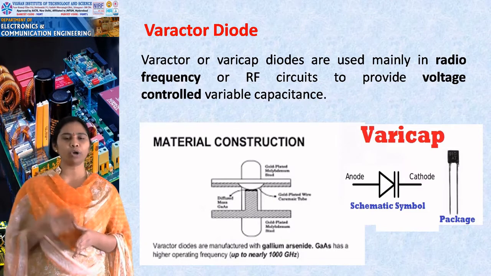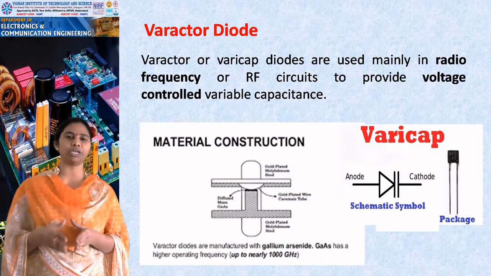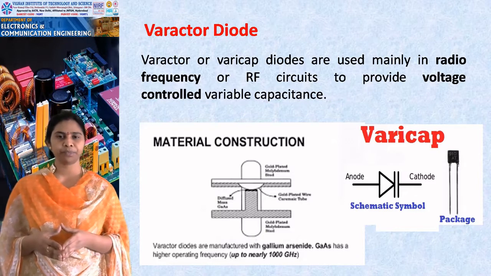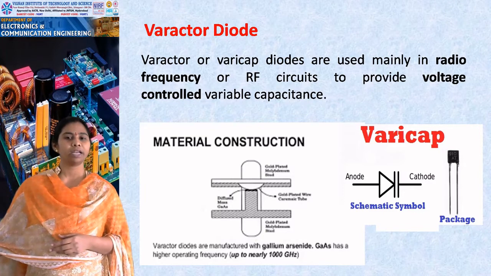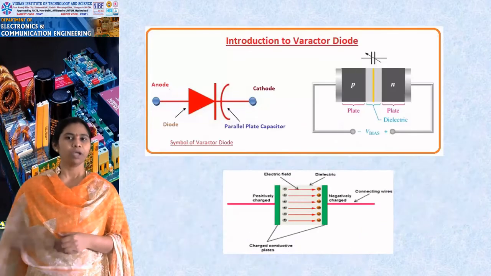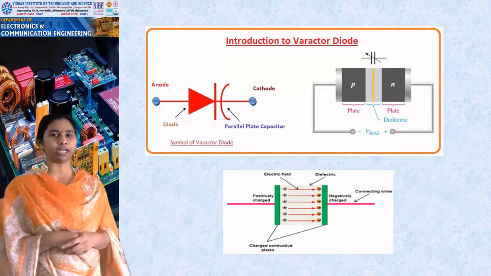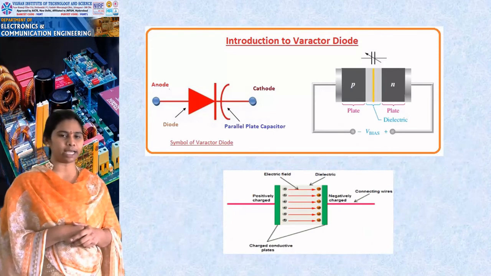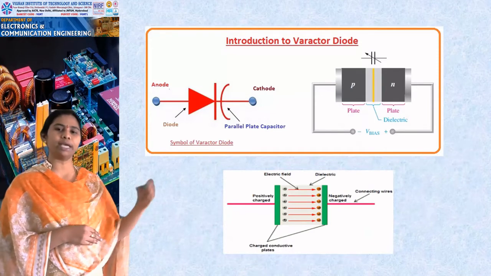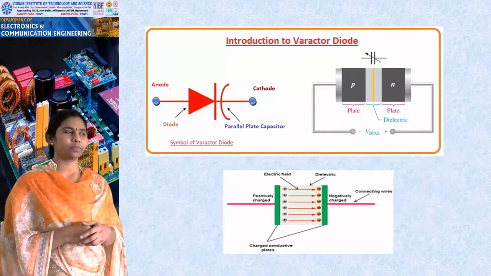Already we have come across diffusion and transition capacitance in the first unit. Transition capacitance occurs in a reverse biased diode. When you apply a negative potential to the P-type material and a positive potential to the N-type material, the diode is said to be reverse biased.